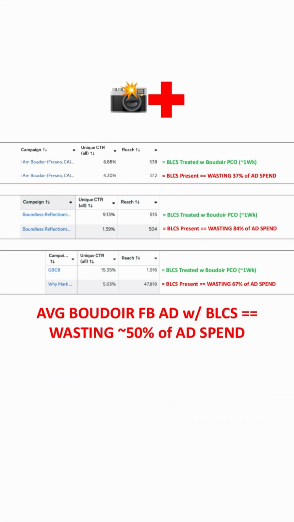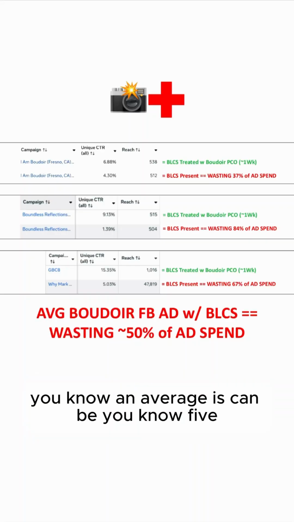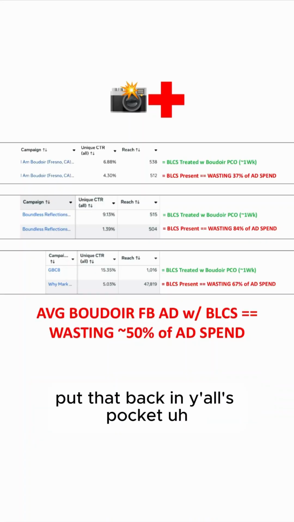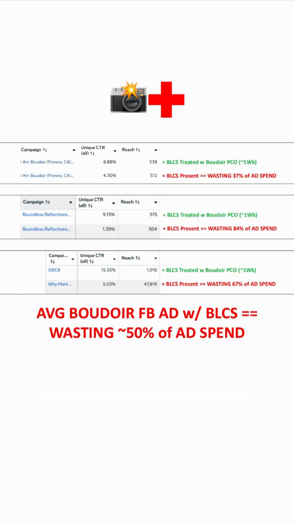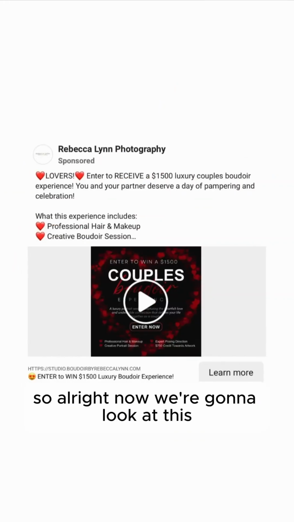So if they're spending 10 grand a month on Boudoir Facebook ads, on average, five out of 10K is being wasted every single month. And we can eliminate that, put that back in y'all's pocket, approximately 60K over the next 12 months, over the next year.